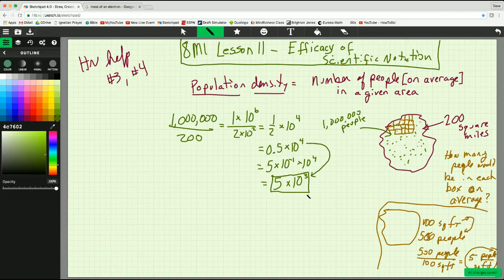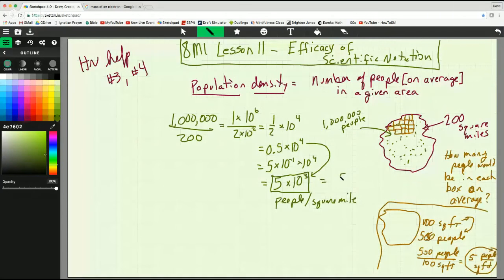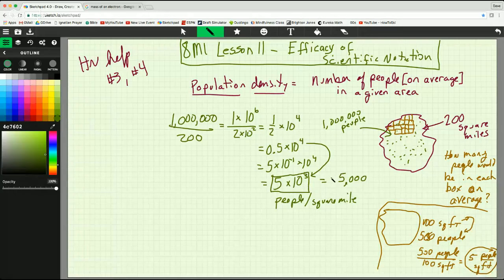So the answer is 5 times 10 to the third, and that's our population density. And the units of that are people per square mile. Right? If we wanted to write that out, we'd write it out as 5,000 people. So in each square mile, we have 5,000 people, or 5 times 10 to the third people per square mile.